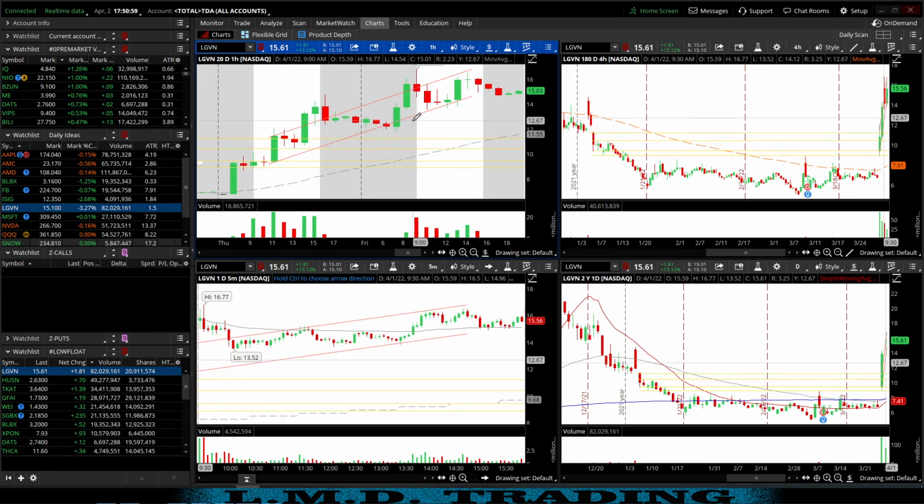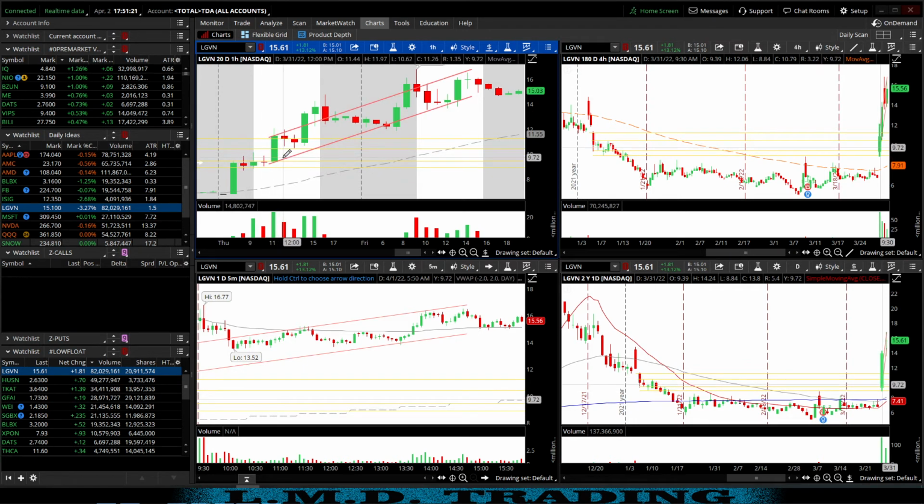LGVN, if you were day trading and didn't take a trade on this one, you weren't really day trading. I did take one trade on this the first day, a flat trade. Got in at $9.30. It had popped. I moved my stop to break even and it came back and stopped me out. I didn't take any more trades.